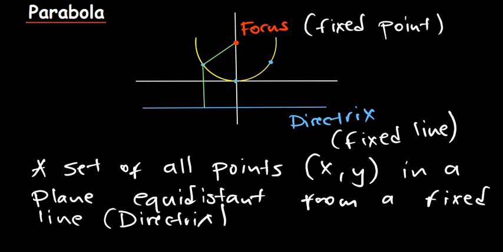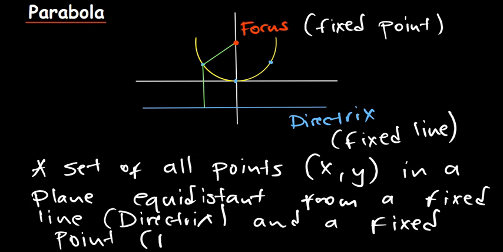So if you combine all the points in a plane that are equidistant from a fixed line called the directrix and a fixed point which is called what? The focus, right? In a plane. And it's very important to note that the focus is not on the directrix, it's elsewhere.